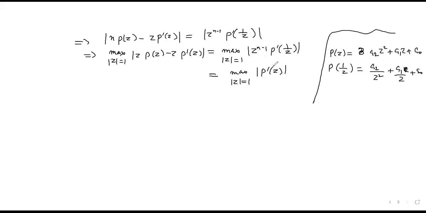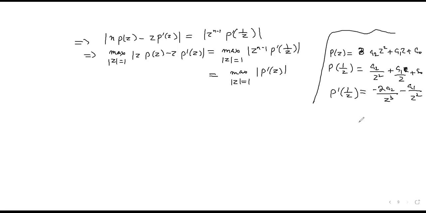And if I differentiate it, p dash of 1 by z would be minus twice a2 divided by z cube, right? Minus a1 divided by z square.